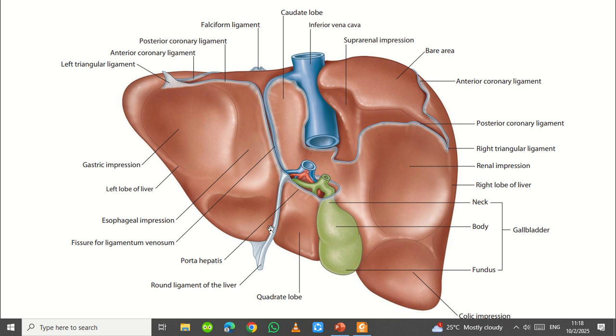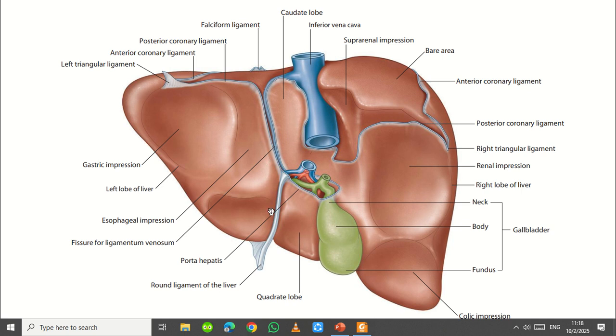So this portion of the left sagittal fissure is made by the round ligament of the liver. And then we have that portion that was bypassing the liver, which is your ductus venosus, which you also later obliterate and it becomes your ligamentum venosum. So your left sagittal fissure is made by the round ligament of the liver and your ligamentum venosum.